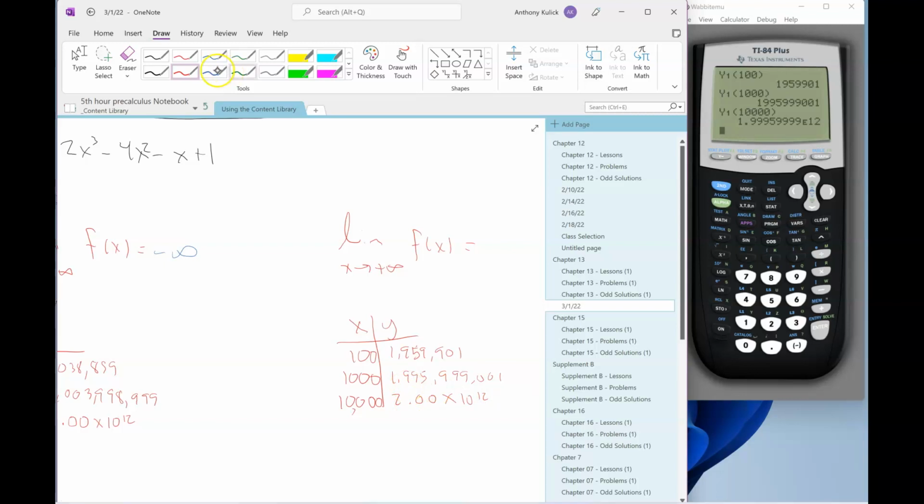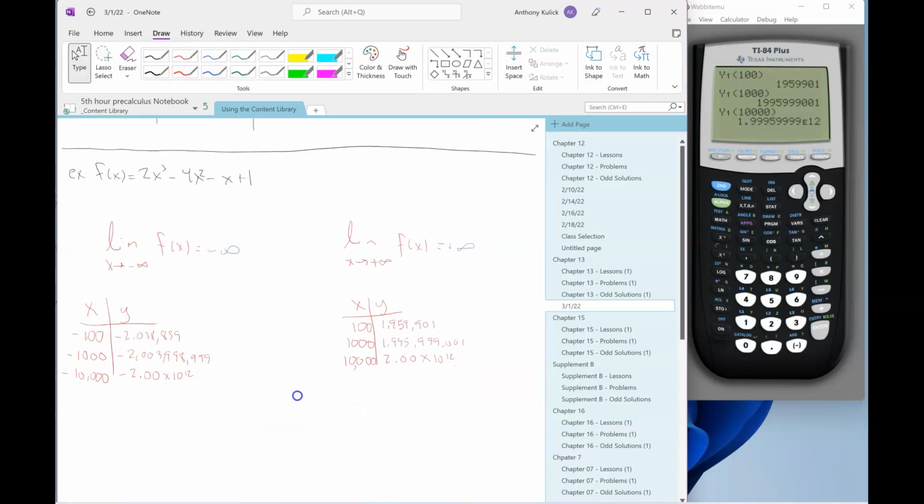So again, what does that all mean to me? To positive infinity.